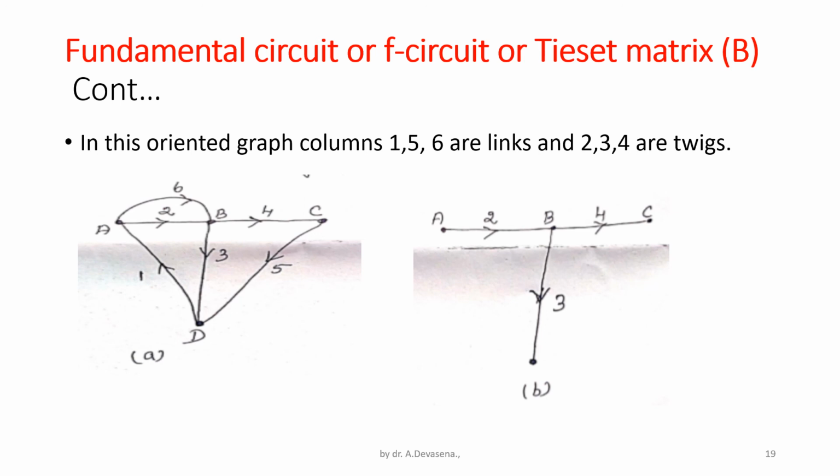Now refer to figure A. In this figure A, branches 2, 3 are part of the tree. It is indicated in figure B, and the branches 1, 5, 6 are not part of the tree. So they are considered to be links.